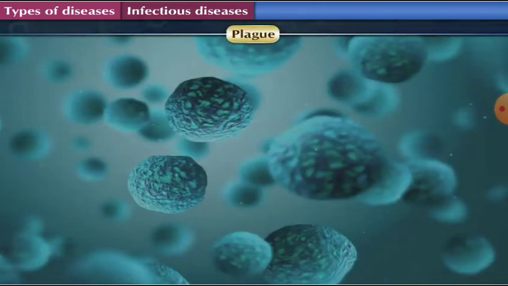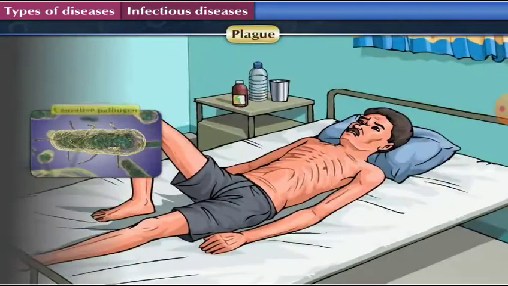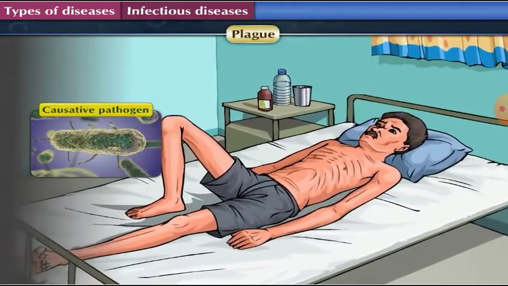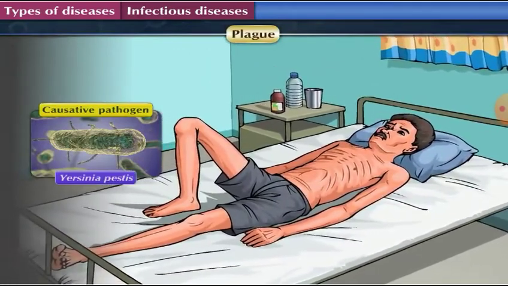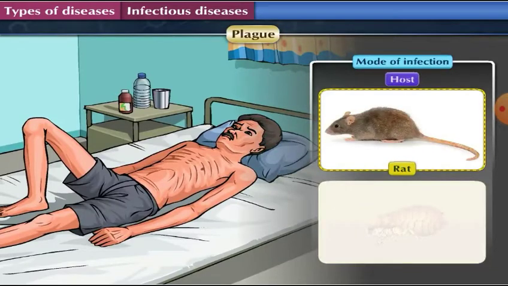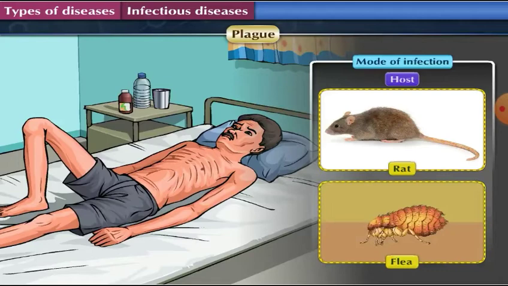Plague. The causative pathogen of plague is the bacterium Yersinia pestis. The mode of infection of this disease is through the bite of host animals such as rats or insects such as fleas.